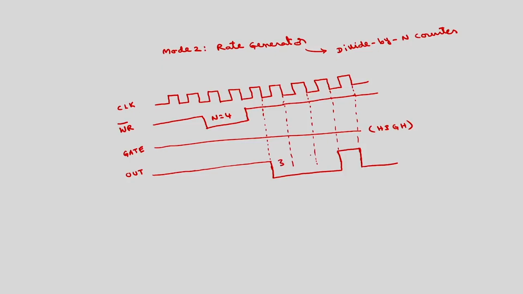This is 3, 2, 1, 0. This is for n minus 1 clock signals. Here n is 4 means 3 clock cycles. It will go low, then for 1 clock cycle it will go high.